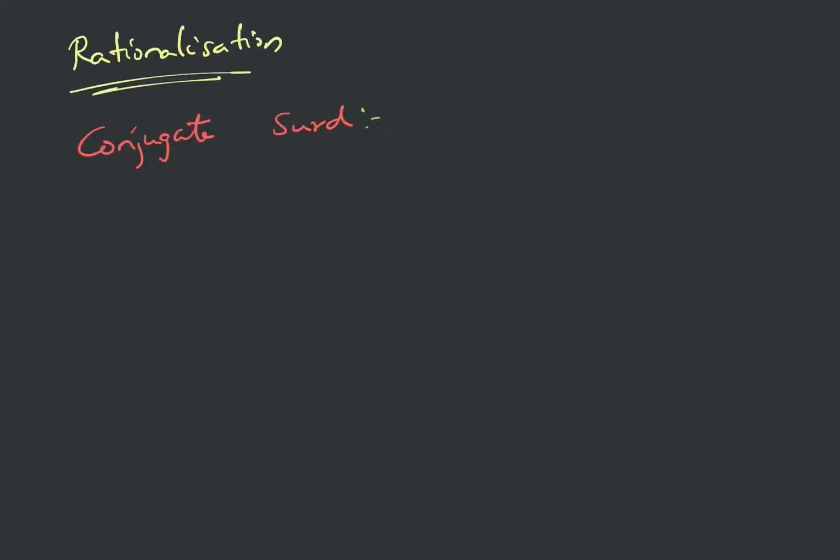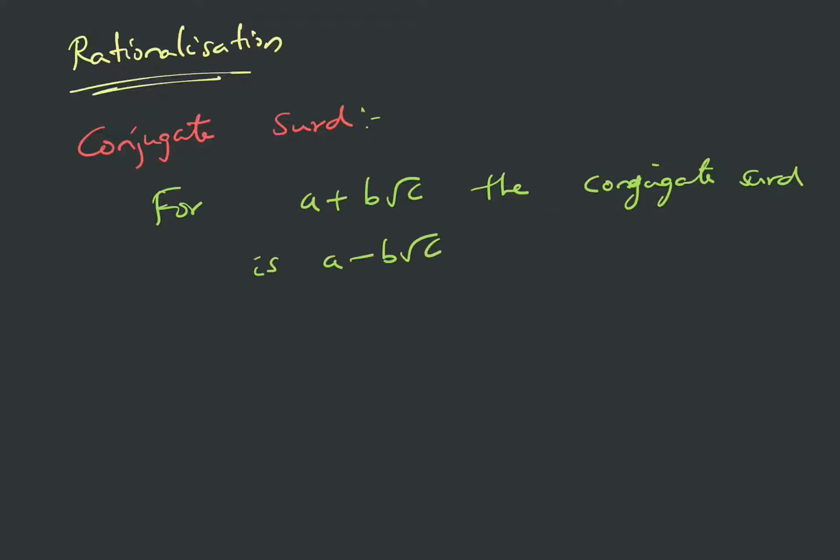For a plus b root c, the conjugate surd is a minus b root c. And vice versa: the conjugate of a minus b root c is a plus b root c, and the conjugate of a plus b root c is a minus b root c, right?